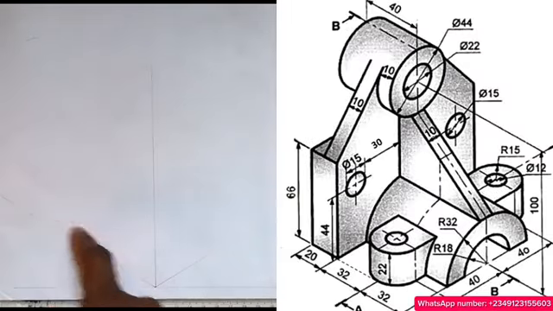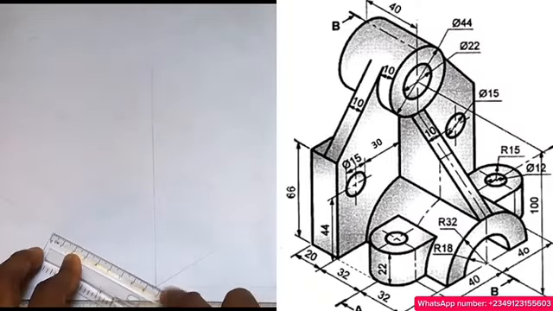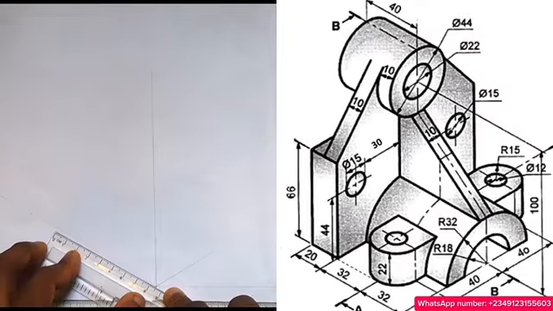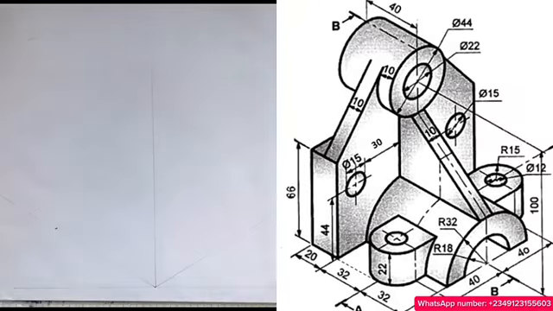So my entire length here is 84. Measure 84 out using my meter rule. So here is 84, which I have here.